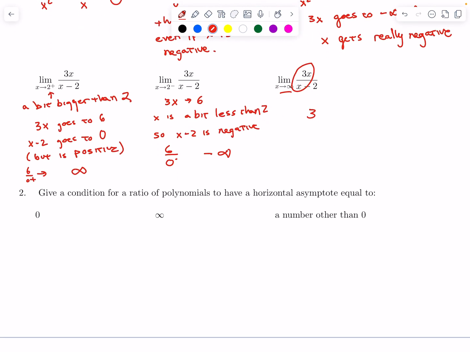Okay, so how do you have a horizontal asymptote equal to 0? I should say here infinity or negative infinity.